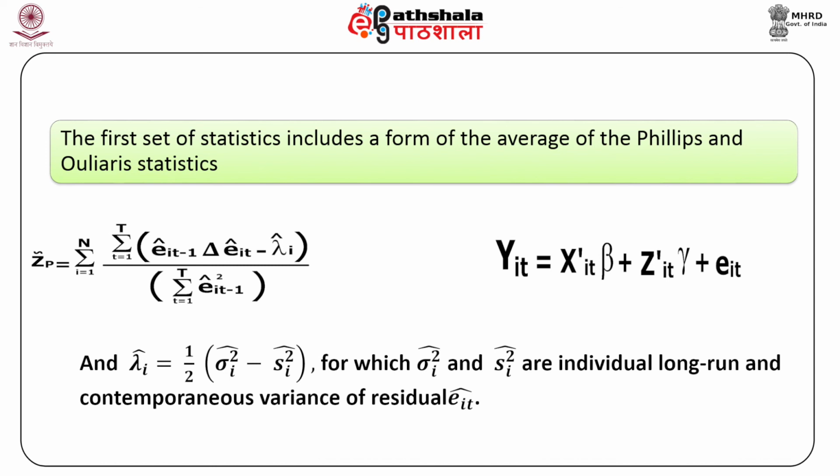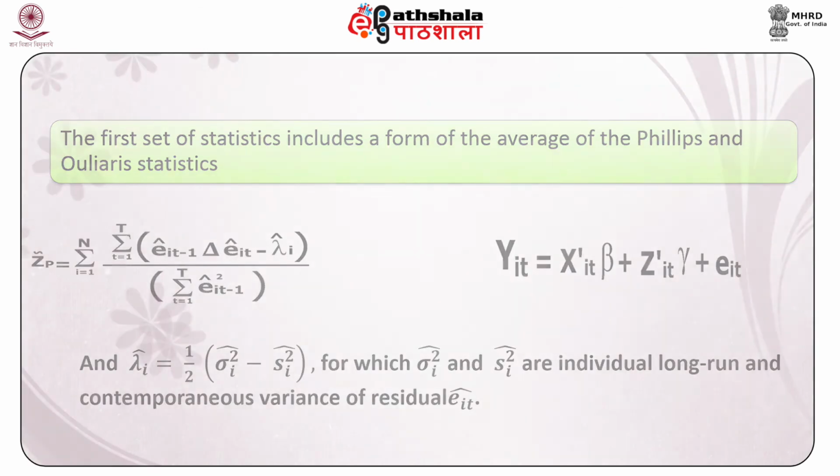For his second set of statistics, Pedroni defines 4 panel variance ratio statistics.